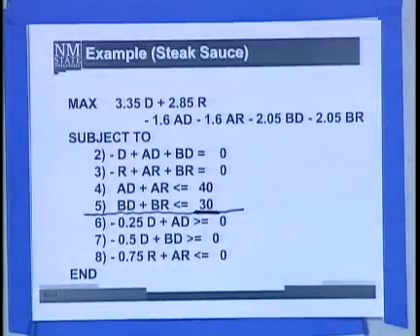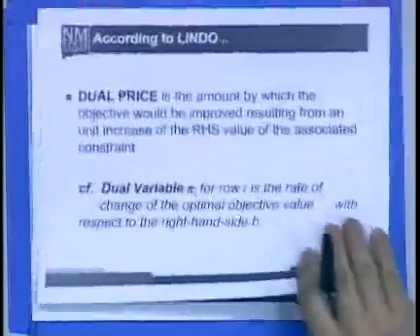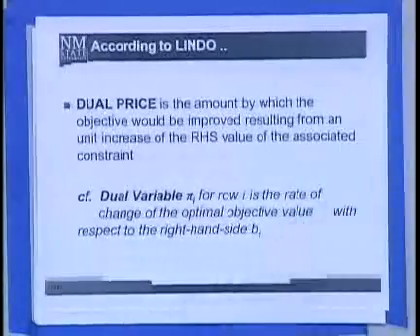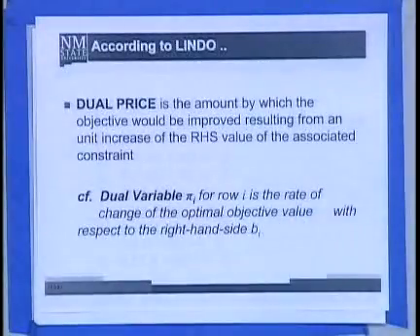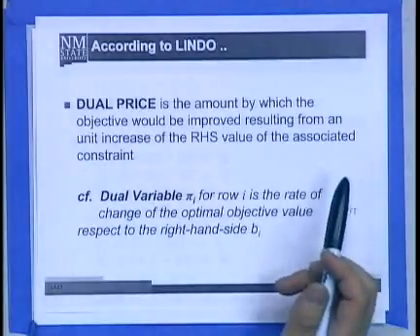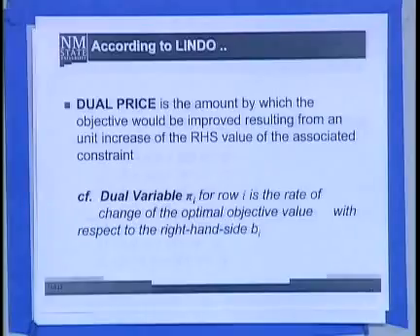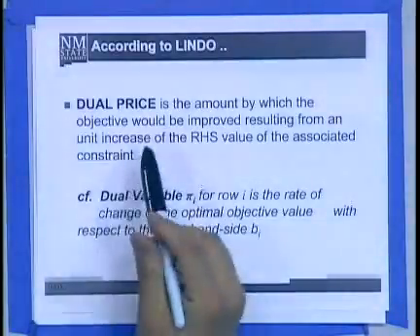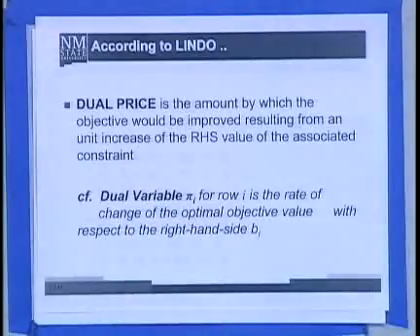What information do we need to look at? Dual price, right? What is the dual price? It's the amount by which the optimal objective value would be improved given a unit of increase in the right-hand side of the constraint. However, this dual price remains valid within the allowable right-hand side ranges, right?